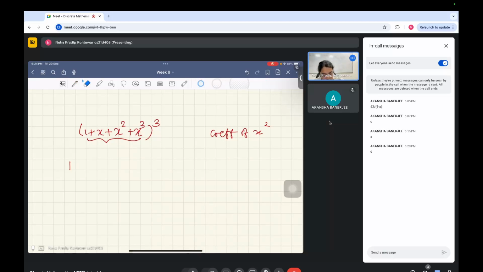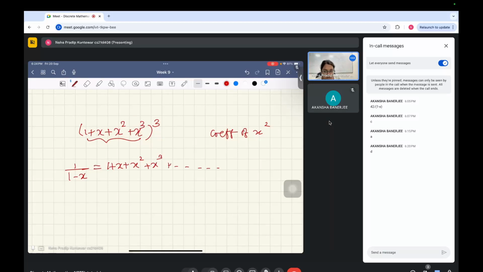You know that the series 1 over 1 minus x is the same as 1 plus x plus x square plus x cube, and then there are infinitely many terms here.